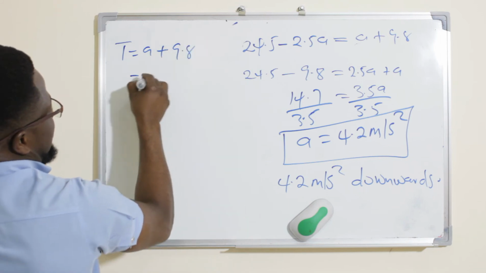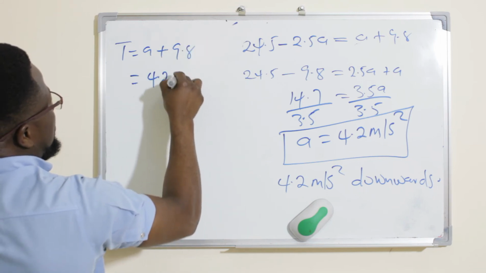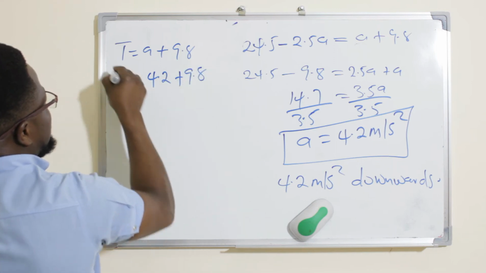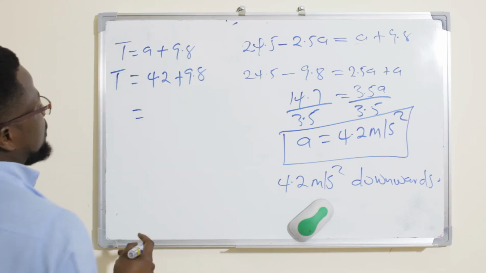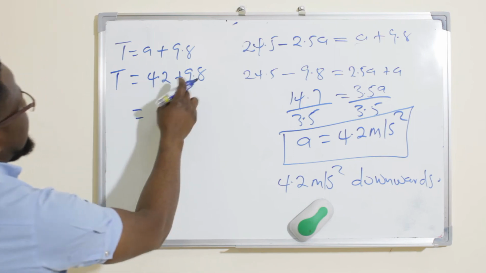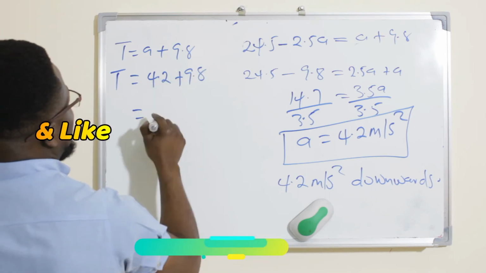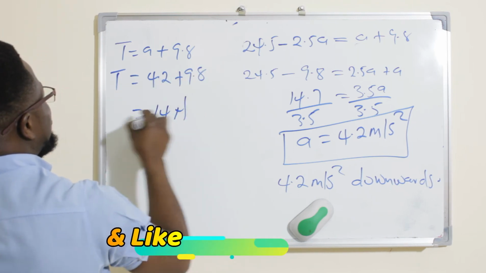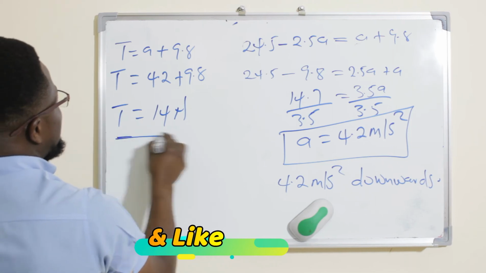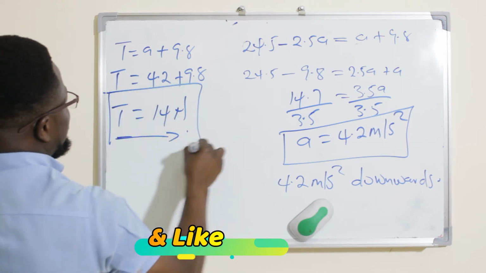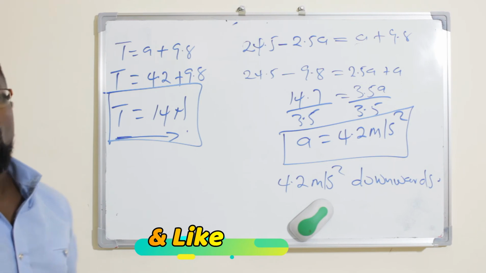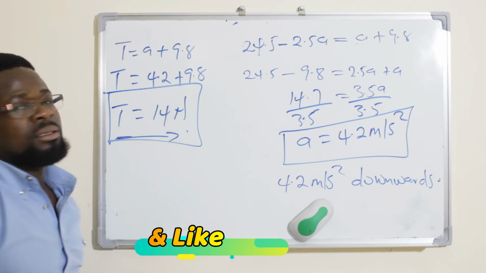What is the A? It is 4.2 plus 9.8. So what is my tension? Automatically this is 14 newtons. So therefore, this is the tension in the cord, which is 14 newtons.